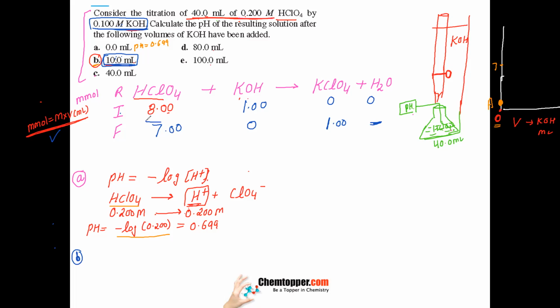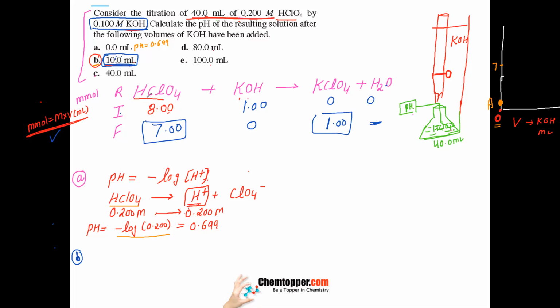You have this and you have this and you have water. Who is stronger? Who is stronger, acid or base here? It's a very simple question. Whoever is stronger will control the pH, will determine the pH. Yes, Vinaya, yes.